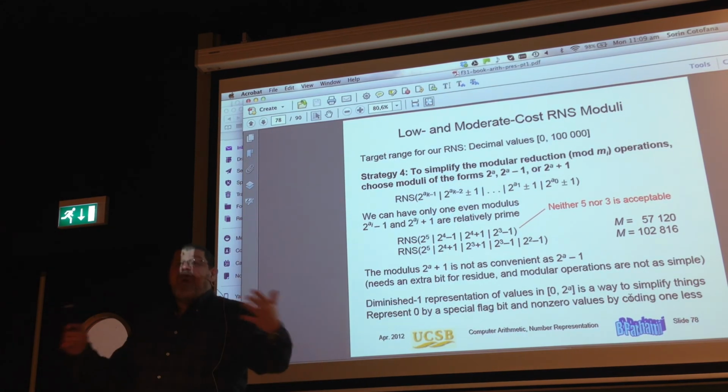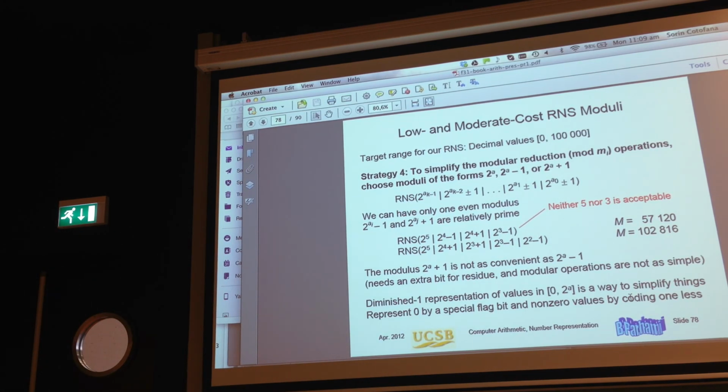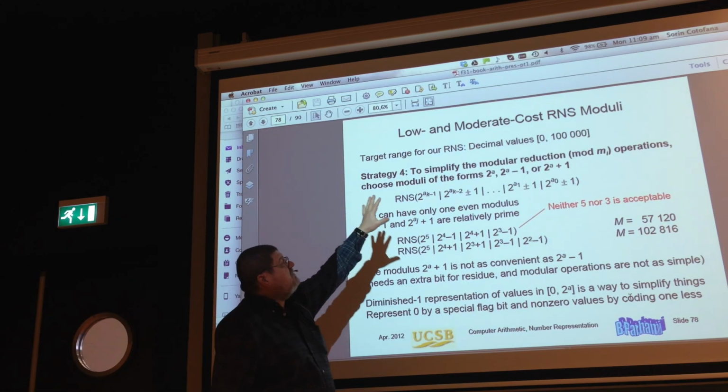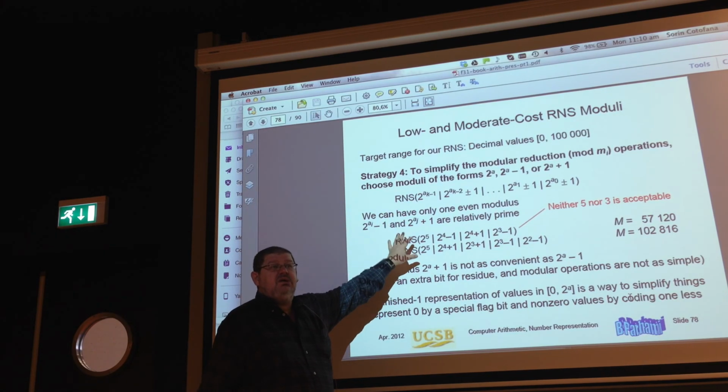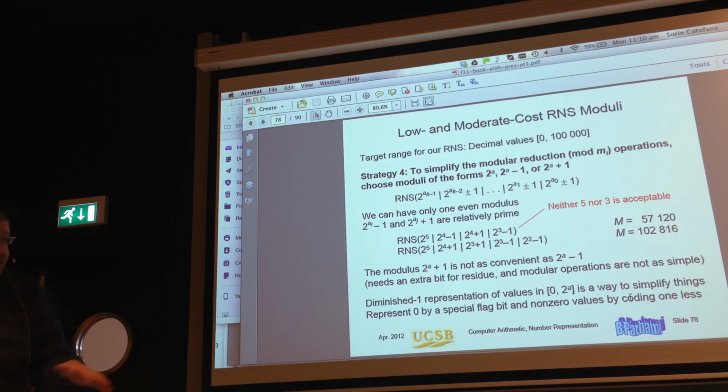And they will give me more freedom. Then practically what I want is to go for a low and moderate cost RNS model. Now we'll see by the end of the lecture whether or not this is helping me to reach my goal. But for the time being, this looks beautiful.